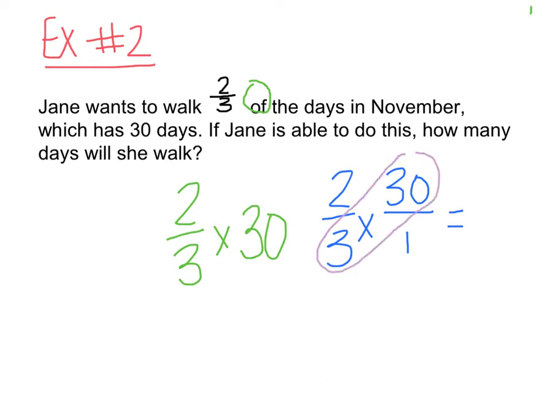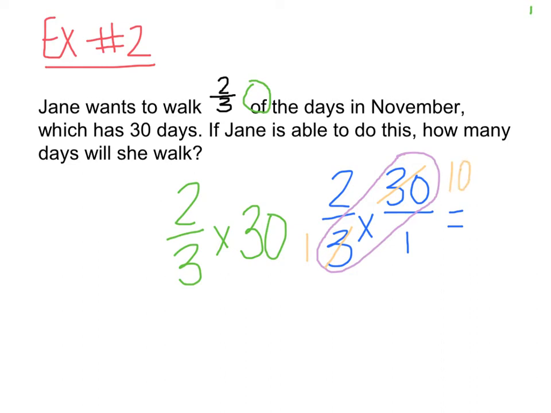So I'm going to look first at 3 and 30. And I think to myself, what can 3 and 30 both be divided by? And I know they can both be divided by 3. So 3 divided by 3 becomes a 1. And 30 divided by 3 becomes 10.